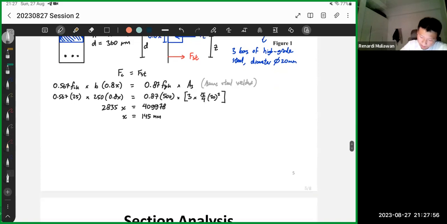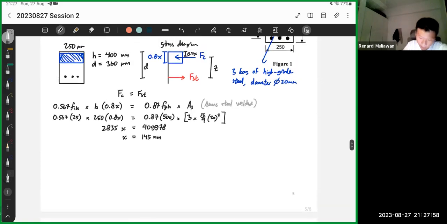From the couple moment property, moment is equal to FST multiplied by Z, or you can do FC multiplied by Z. It's both the same thing, since FC is equal to FST. So both can.